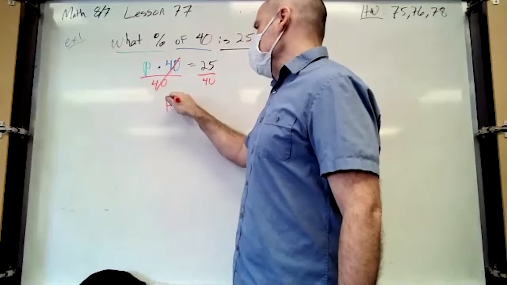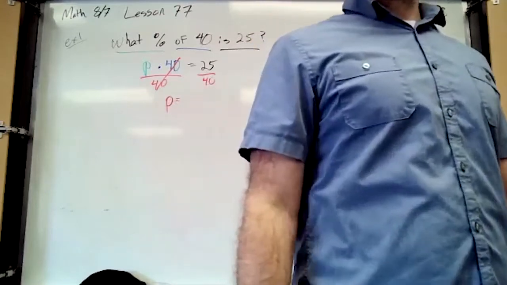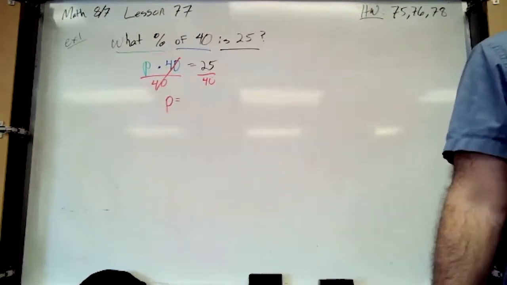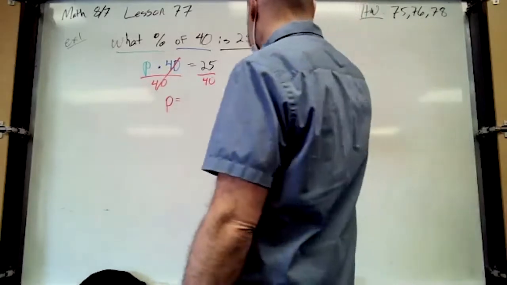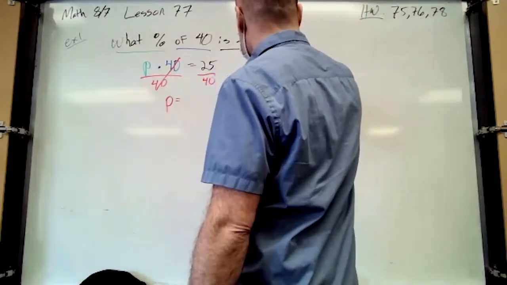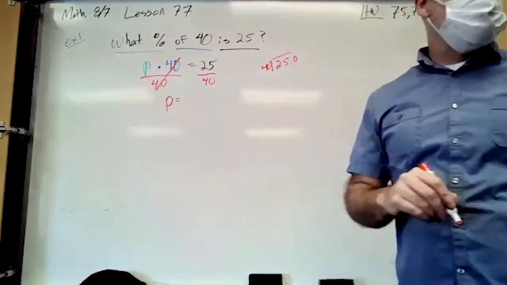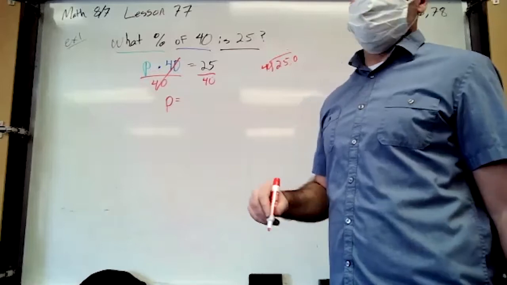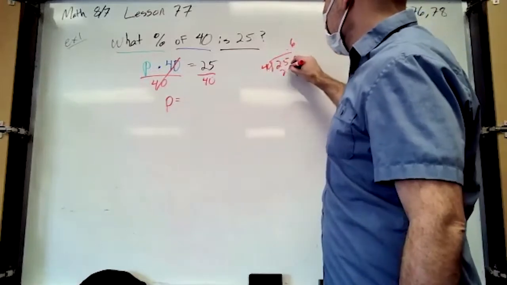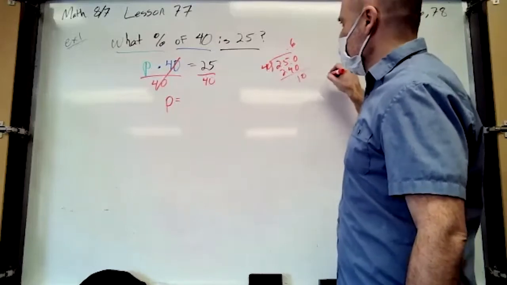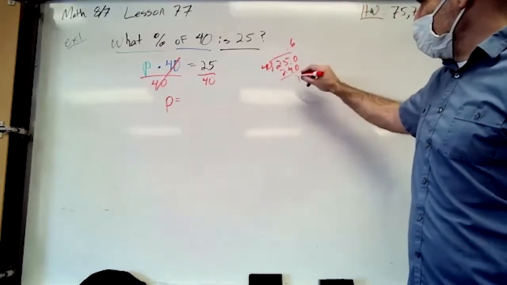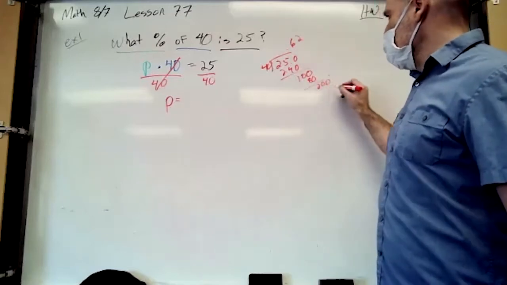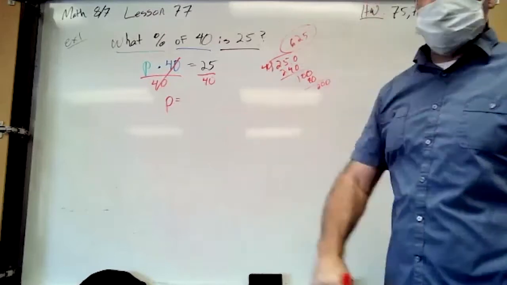Okay? So P equals, well, 40 doesn't go into 25. Let's divide it anyway. What is 25 divided by 40? It goes into 2 times, then into 2, 5 times, so 0.625.